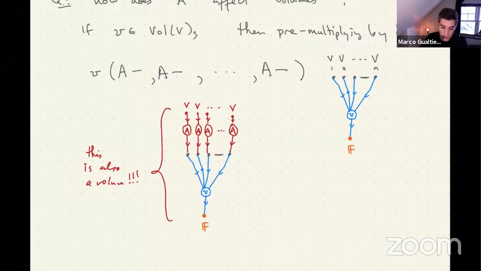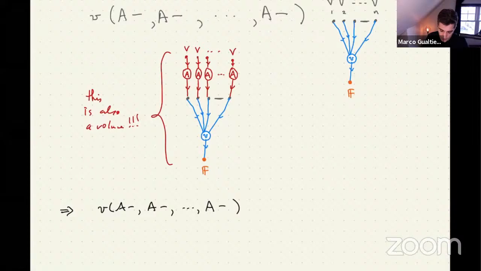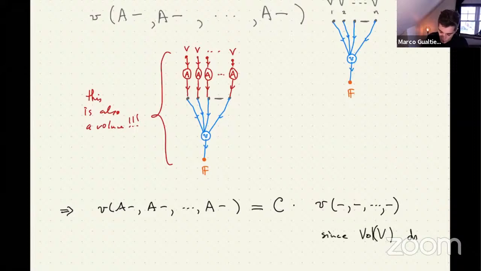Okay, so let me just complete the argument and then I'll answer your questions. So this means that V of A is a volume, but we already know that the space of volumes is one-dimensional. So whatever this volume is, it has to be a constant multiplied by the original volume, since vol V has dimension 1.